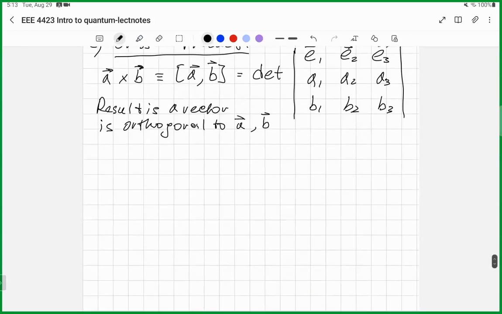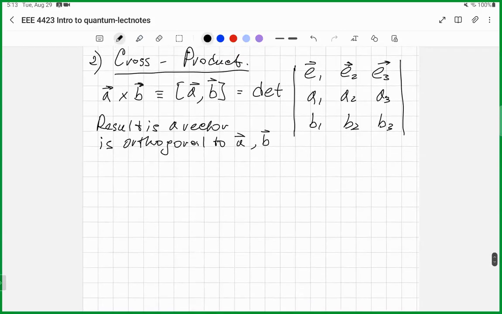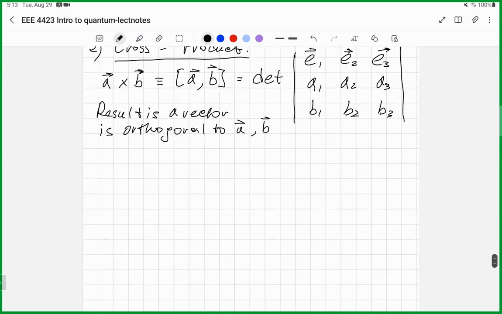So how do we obtain the determinant of any square matrix?